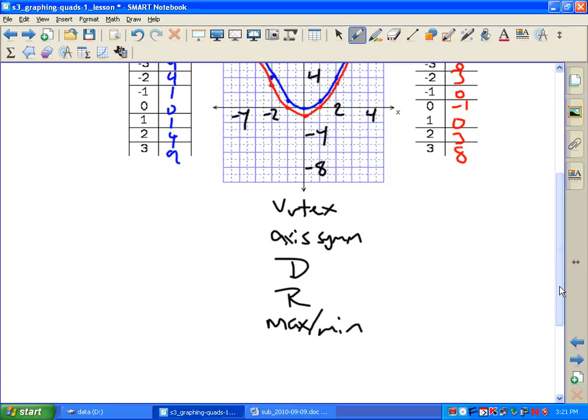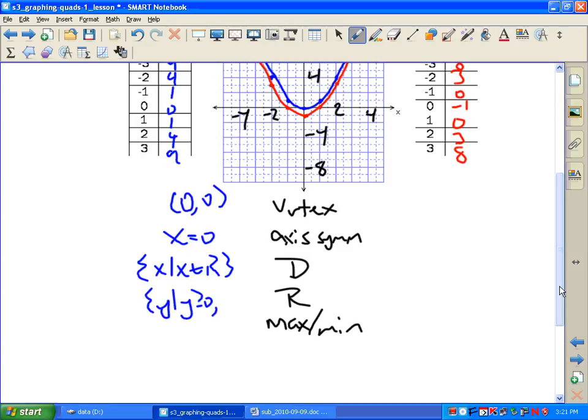Okay, so vertex on the blue graph, of course, would be 0, 0. In fact, all this information is the same from the last page. Axis of symmetry, x equals 0. Domain, set of x's such that x is an element of the real numbers. Range, y such that y is greater than or equal to 0, and y is an element of the real numbers. Maximum value, it's a min at y equals 0.